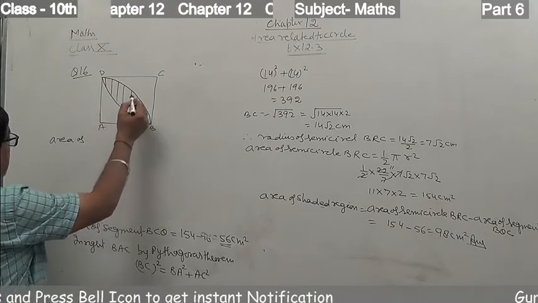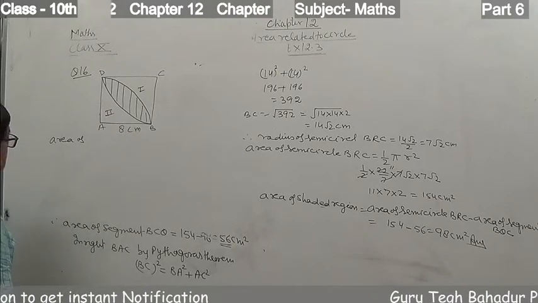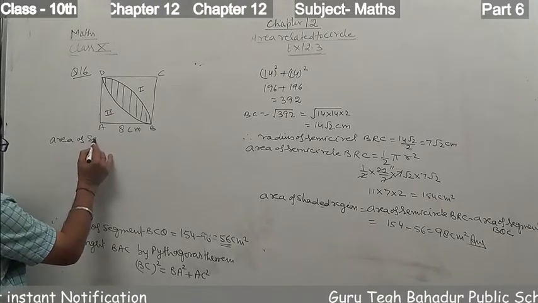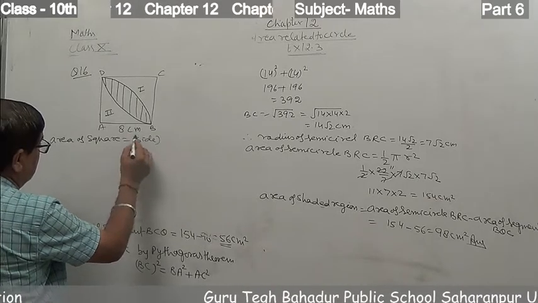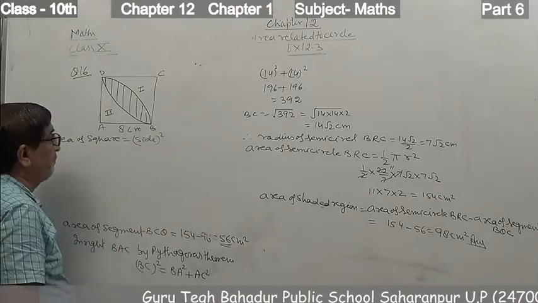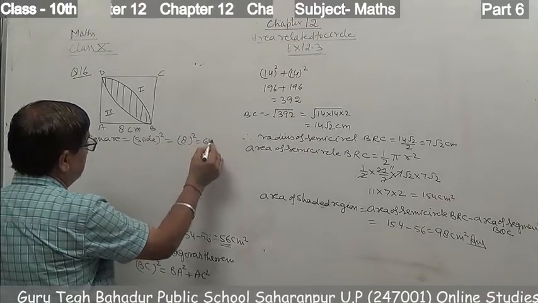This you can say this is first part and this is second part. Area of square is side square, that is 8 square.